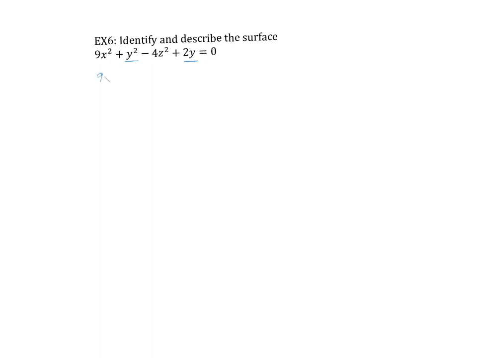So the first thing I'm going to do is bring my y's next to each other and complete the square. If I had any constants, I would move them all over to the right. So I get 9x squared plus, if I complete the square, I need to add 1.